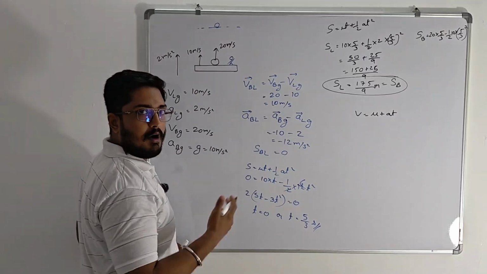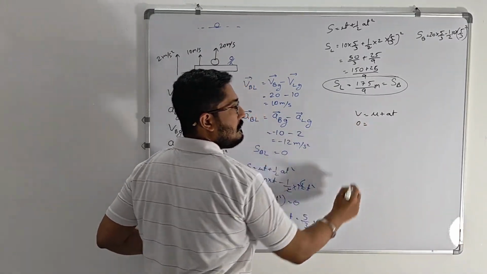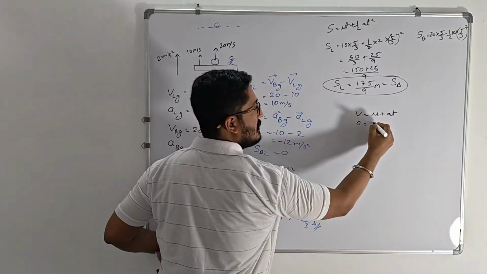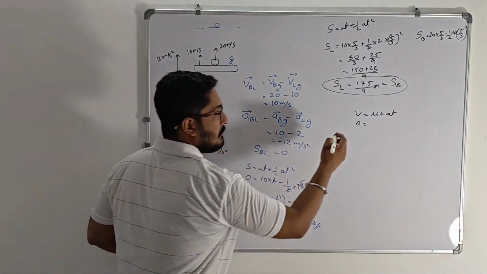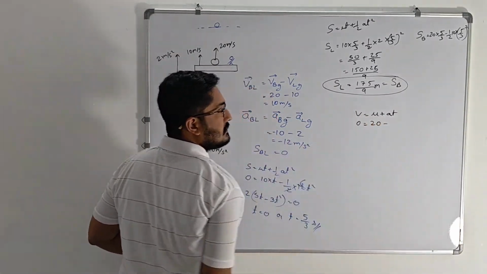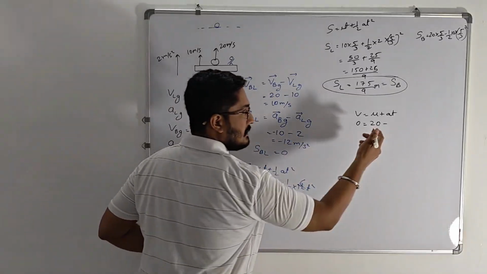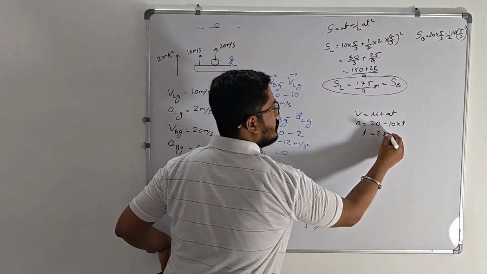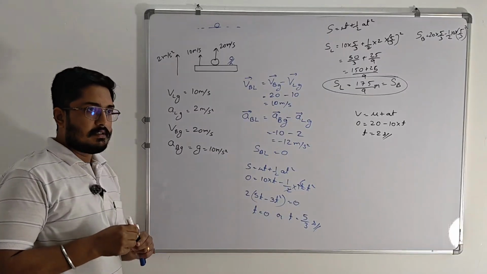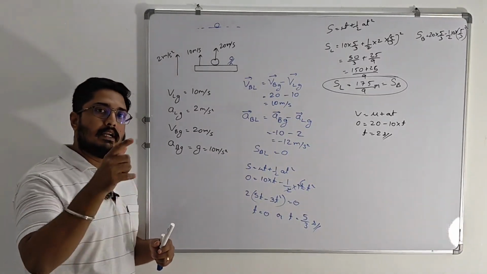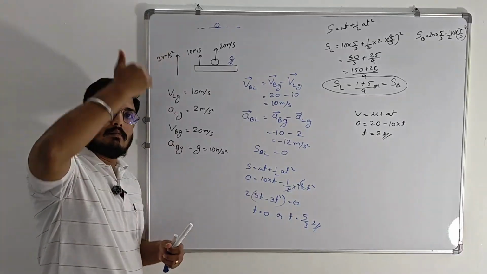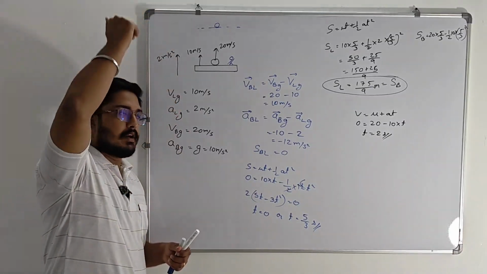Final velocity of the ball is 0 when it stops, and the initial u is 20 meters per second upwards, and g is minus, so minus 10 into t. I'm getting t equals 2 seconds. So my ball would reverse its journey only after 2 seconds. Until then, my ball is going in a straight line in one direction.